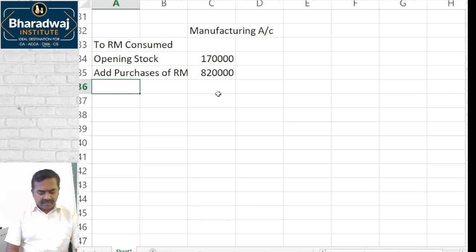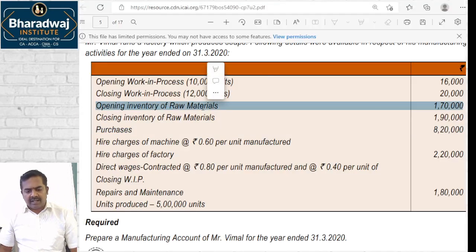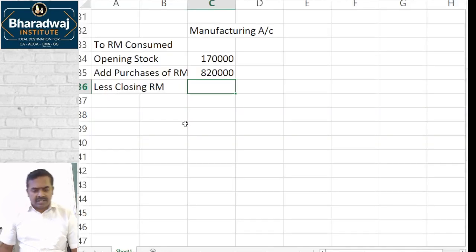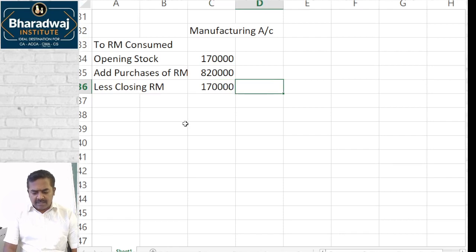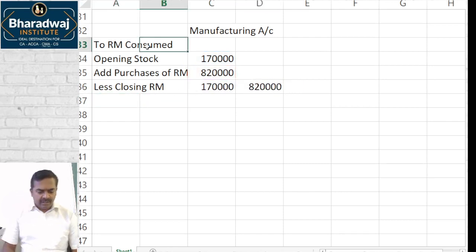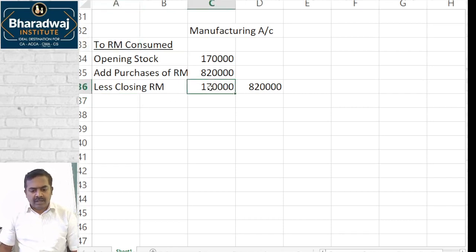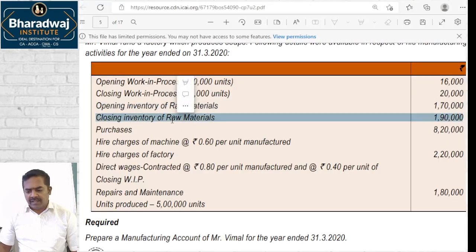Then less closing stock of raw material, 1,90,000. So when you deduct, you get raw material consumed: opening stock plus purchases minus closing stock.